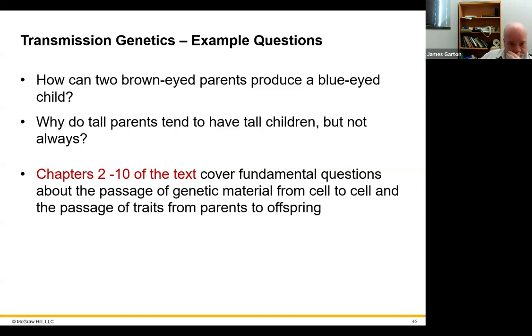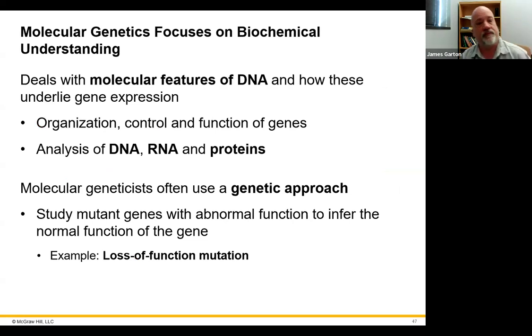And the next few chapters are going to cover questions in transmission genetics. And then you have genetics at the biochemical level, looking at the structure of DNA and RNA and protein. And at the start, molecular geneticists will start with basically a transmission genetics approach to figuring this out.